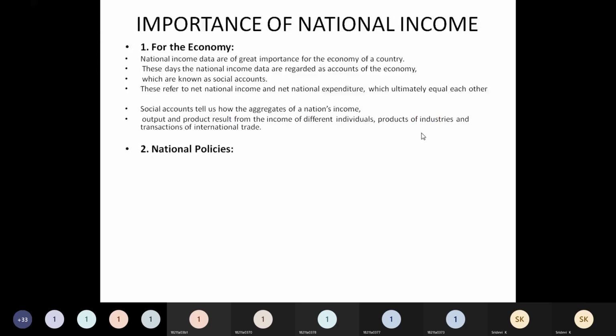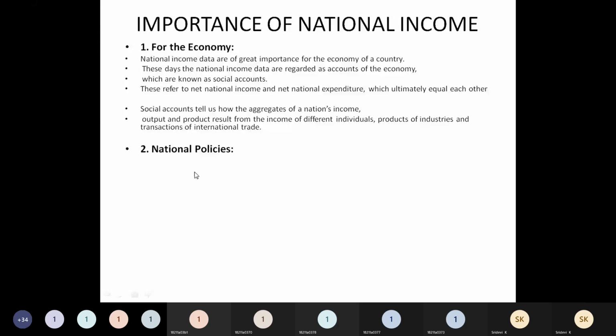The economy can be known by taking into consideration the output and the product, resulting from the income of different individuals, not only individuals, products of industries or international trade, how many transactions our country is doing internationally with other countries. So all those will be considered here, and so national income is given importance.